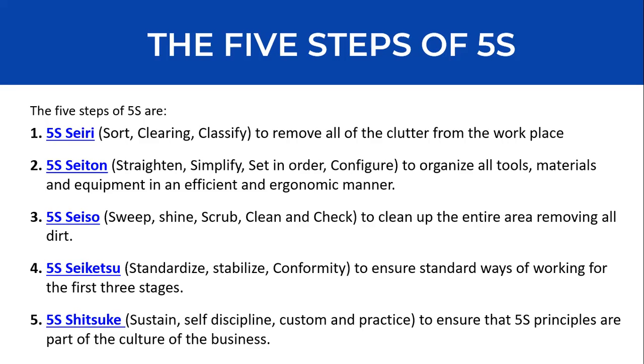So these are the steps of 5S. And they seem pretty simple, but you may go into a factory floor, for example, and you see that it's really well organized. And once you see that, you will also know that the people working over there are probably working in a very efficient, good way, and being very productive.